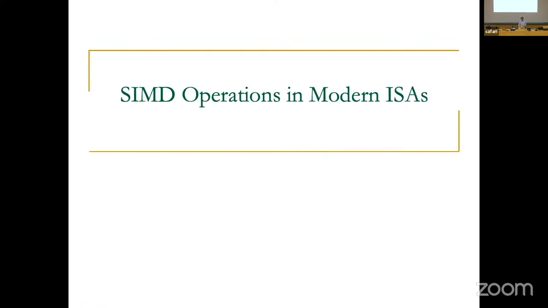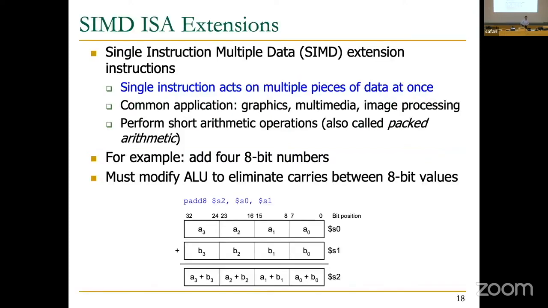Now we're going to jump into how the last lecture applies to modern processors in your pockets. Basically, modern processors, von Neumann machines, have single instruction, multiple data extension instructions. Essentially, these are special instructions where the instruction acts on multiple pieces of data at once, as opposed to acting on two registers, register 1, register 2, one element each.